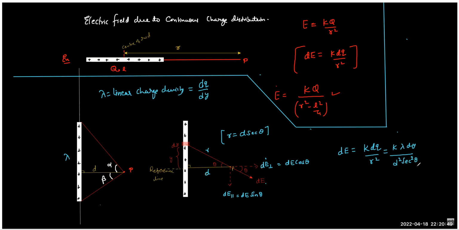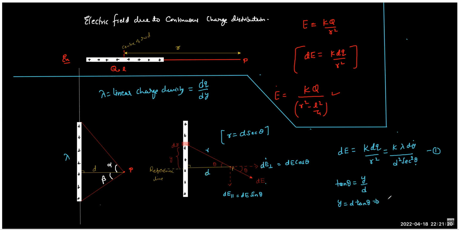Now you can see we have brought the variable theta somehow into the expression, but dy is something we are not interested in. The reason is simple: I want my answer in terms of theta only. So we can write tan theta equals y by d. So y equals d tan theta.